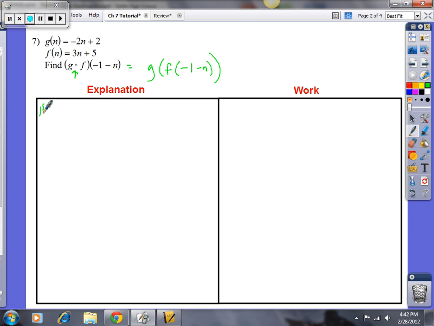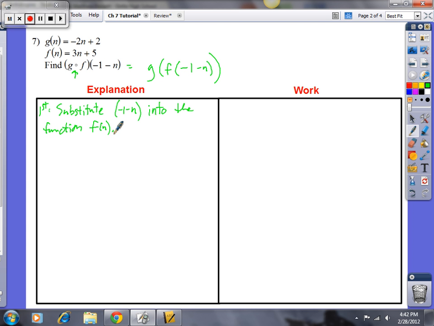So let's start off. First, what are we going to do? You're going to substitute a negative 1 minus n into the function. Where are we going first? F of n? Okay, let's move number 1.